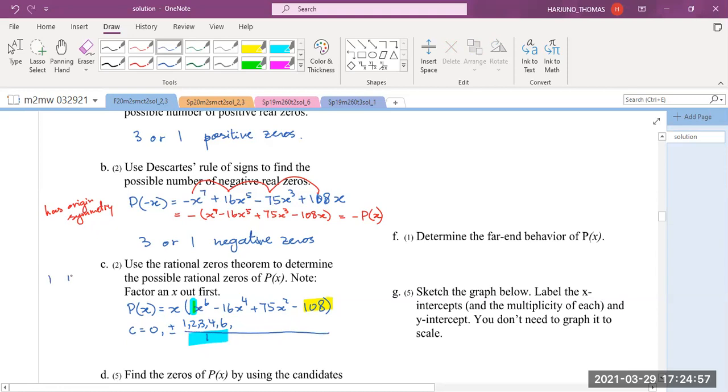Let me do it this way. 1 times 108, 2 times 54, 3 times 36, 4 times 27, 6 times 18. Is it right? Yeah, 6 times 18. How about 8? Not 8, it's 9 times 12. I think that's only, no. Yeah, only those.